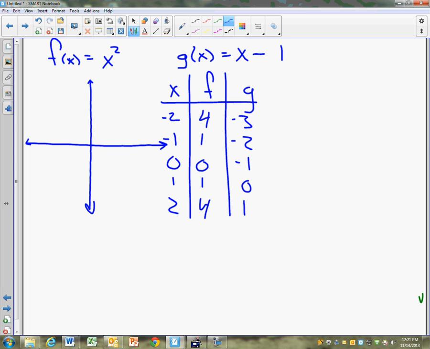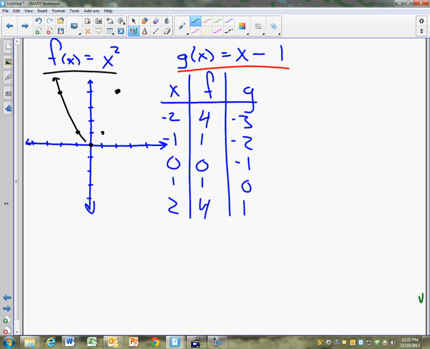Now you can sketch this graph off to the side. I'm going to draw f of x in black and g of x in red. All I'm going to do is plot these points: -2, 4; -1, 1; 0, 0; 1, 1; 2, 4.